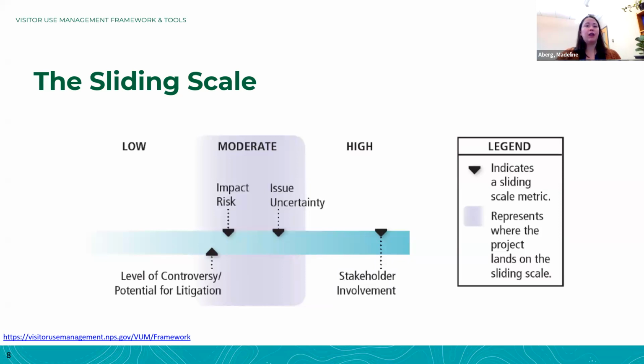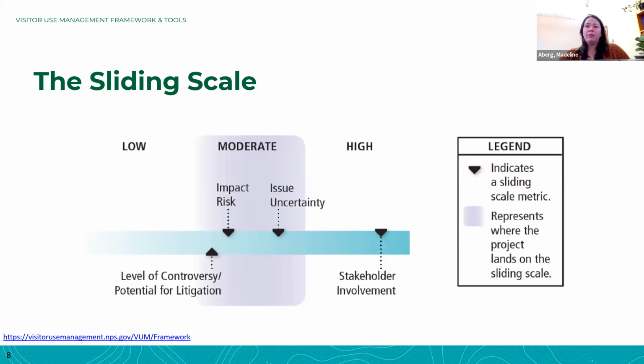On the slide here, we see an example of a hypothetical issue where a mark is indicated on the scale, from low on the left to high on the right. And these marks indicate the level of each of these factors that we just discussed. And then you can see, shaded in purple, a representation of where this project lands on the sliding scale when we consider all four issues.